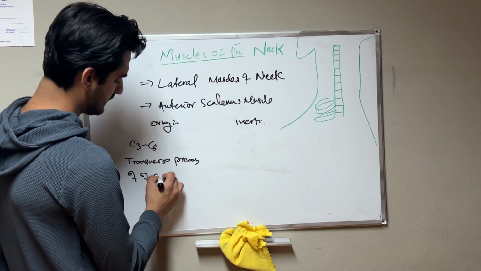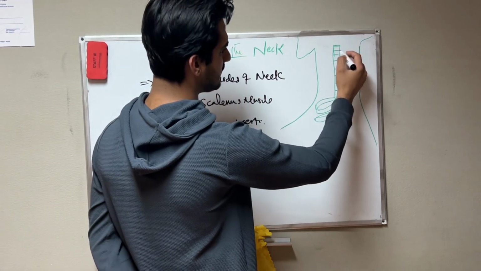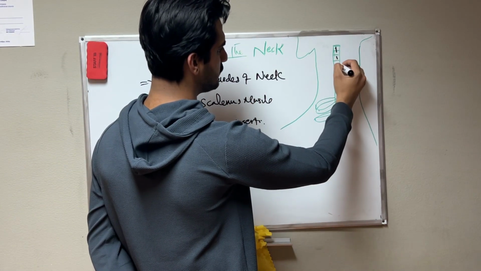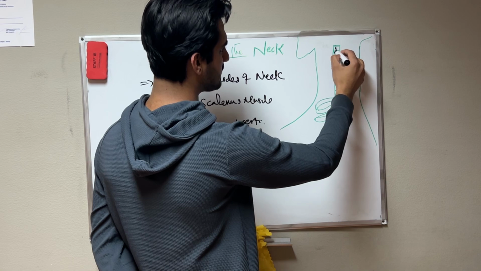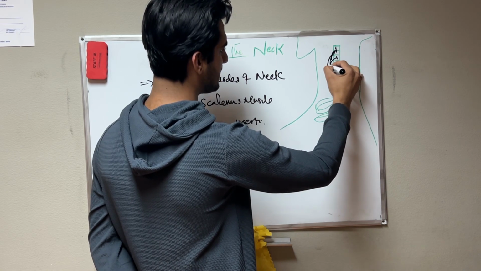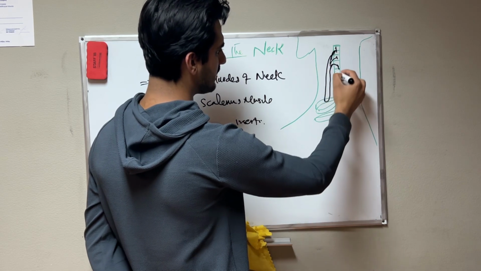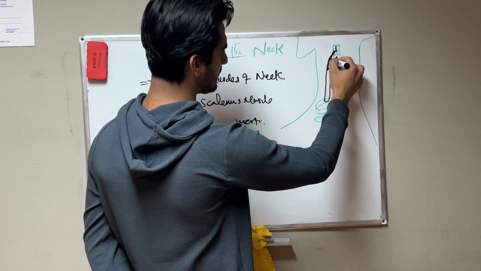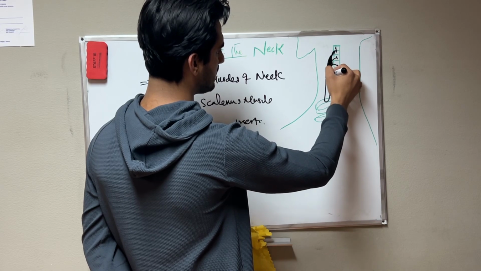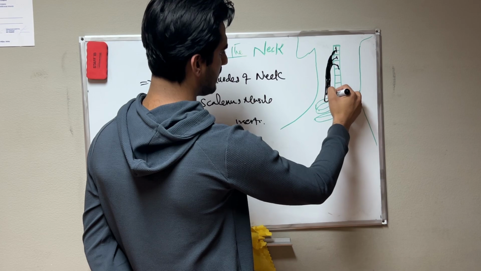Here we have transverse processes 1, 2, 3. This muscle originates from here and here, and comes down here. So the muscle originates from the transverse processes of three cervical vertebrae, and is inserted where?